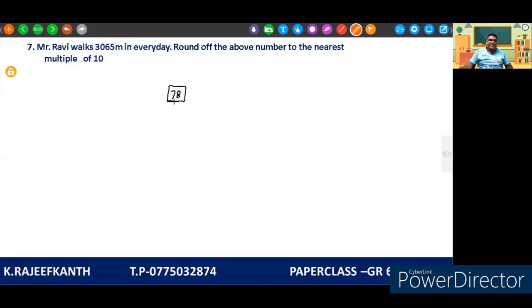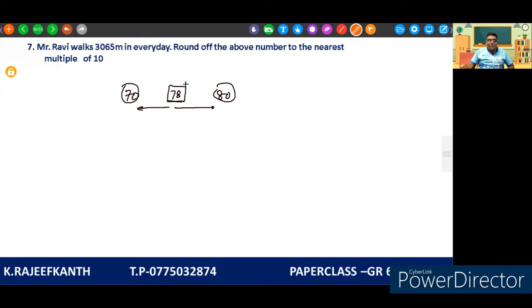Here 78. First we have to find that this 78 is between 70 and 80, isn't it? Because 70 and 80 are multiples of 10. So to round this 78 to the nearest multiple of 10, we have to check whether it is near to 70 or near to 80. Here we know that 78 is near to 80.